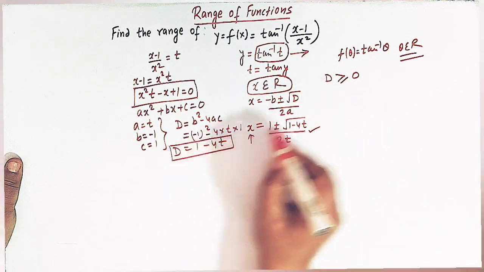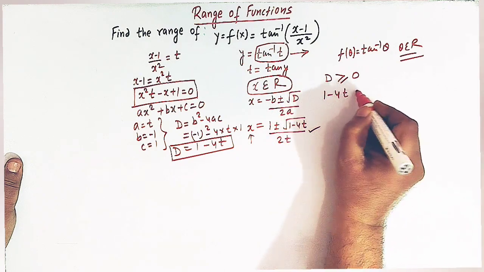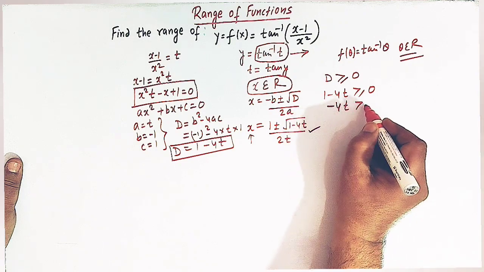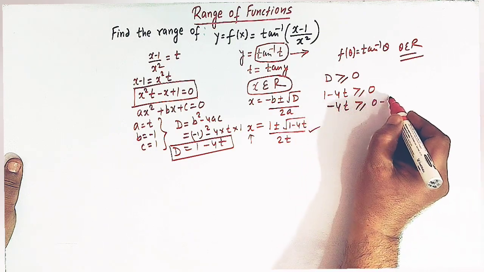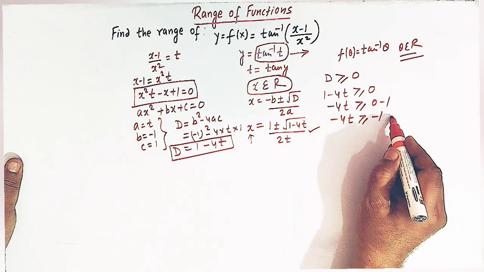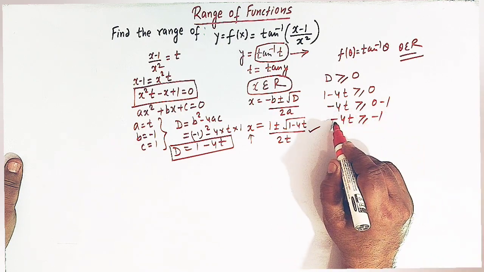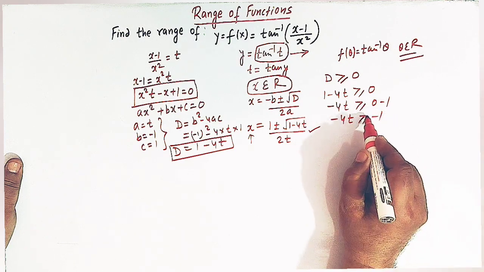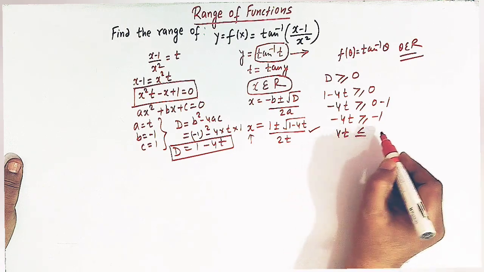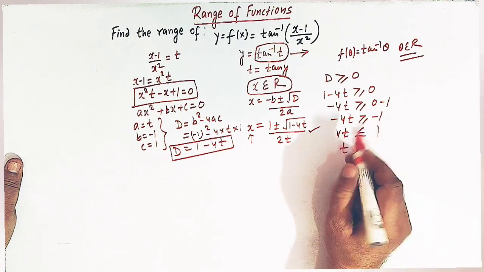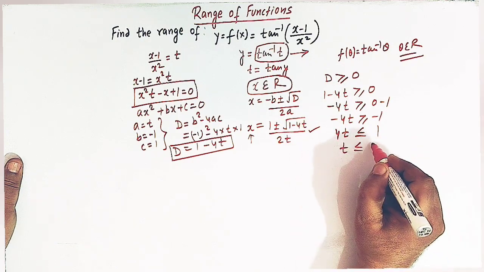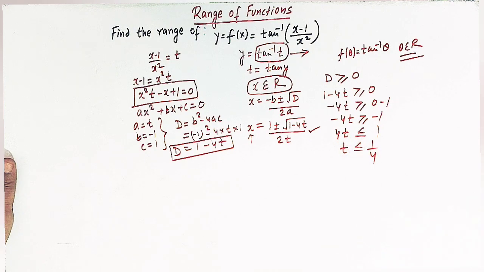For this, we must have 1 minus 4t greater than or equal to 0. So we have minus 4t greater than or equal to minus 1. Multiplying both sides by minus 1, the direction of the inequality gets reversed. So we have 4t less than or equal to 1, so t is less than or equal to 1 over 4.